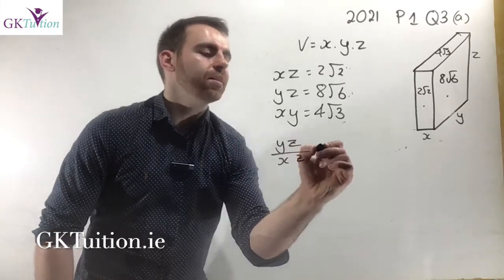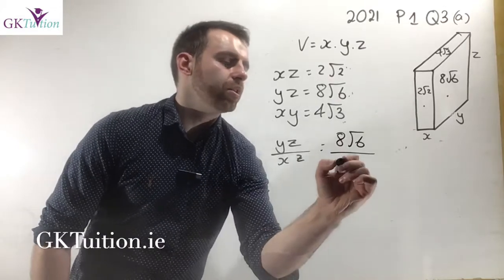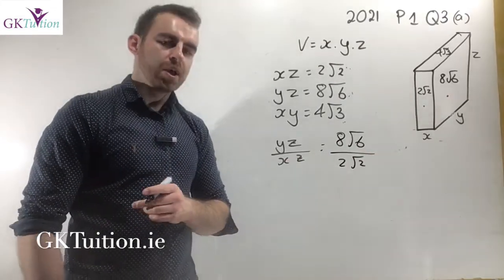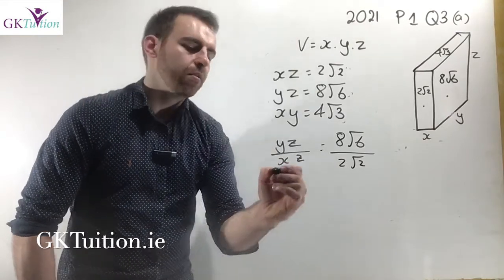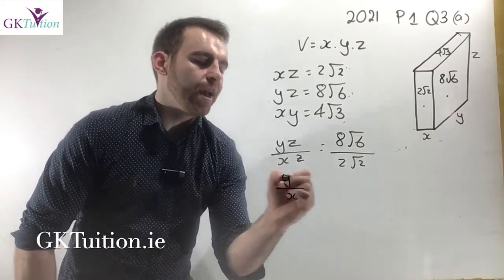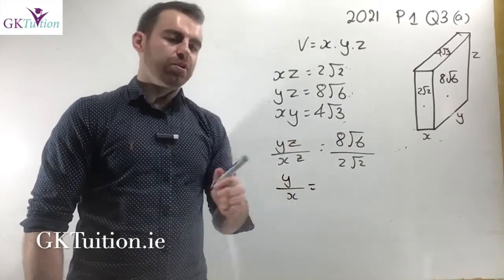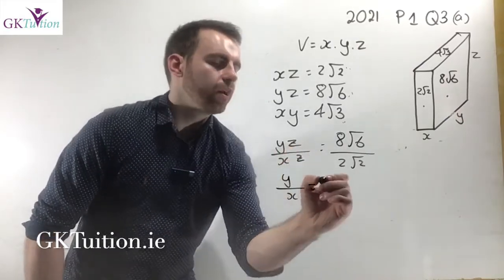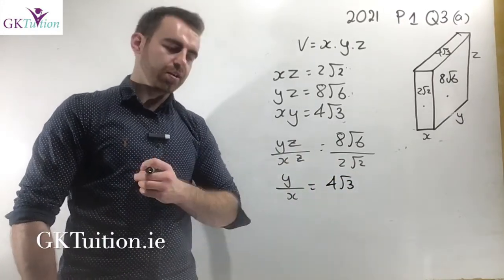So yz is equal to 8 root 6 and xz is equal to 2 root 2. Now on the left hand side the z's will simply cancel and I'm left with y divided by x. On the right hand side I've got 8 root 6 divided by 2 root 2, which is in fact 4 root 3 if you plug it into your calculator.